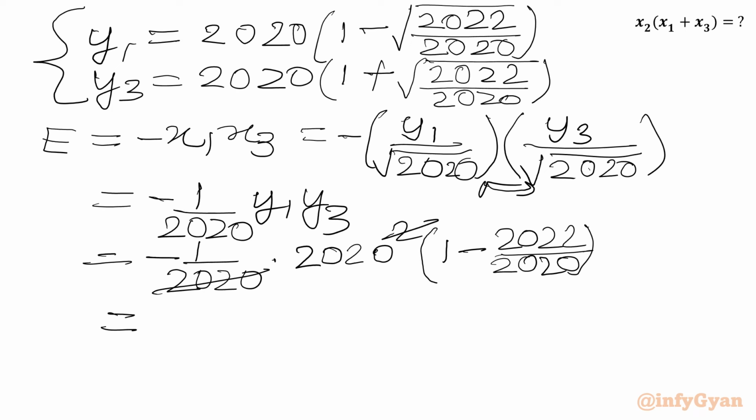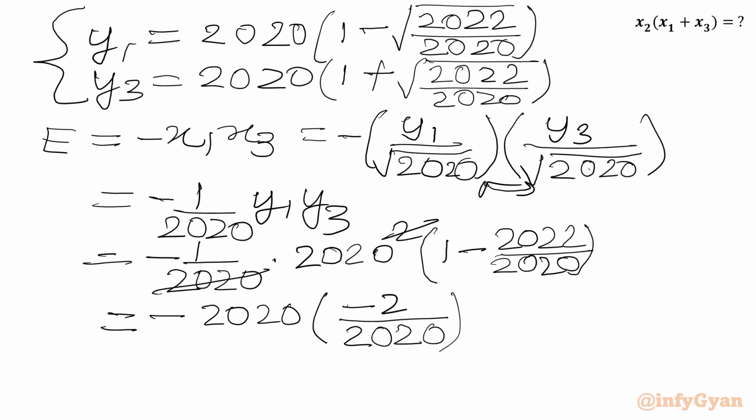So we will get minus 2020. In bracket we are going to write 2020 minus 2022. So we can write minus 2 in the numerator and 2020 in the denominator. So minus times minus becomes plus. We can write our answer will be equal to 2.